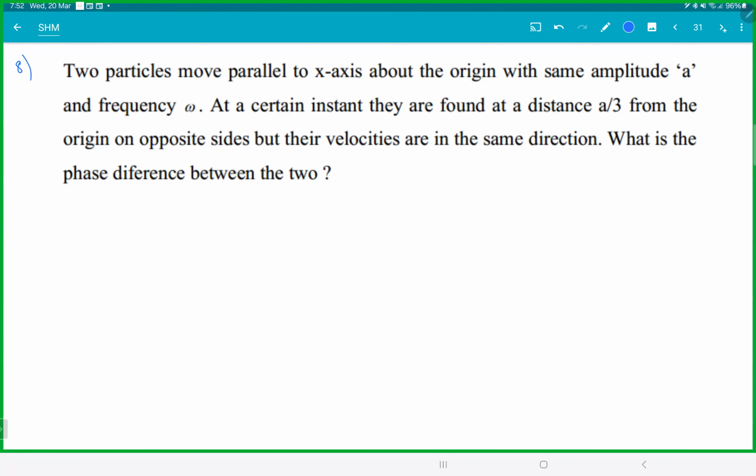Two particles move parallel to the x-axis about the origin with the same amplitude and frequency. At a certain instant they are found at a distance of a by 3 from the origin on opposite sides. Velocities are in the same direction. What is the phase difference between the two?